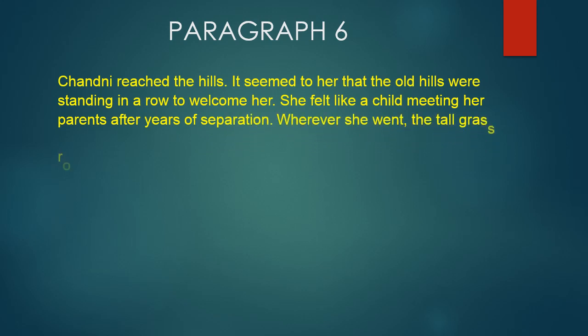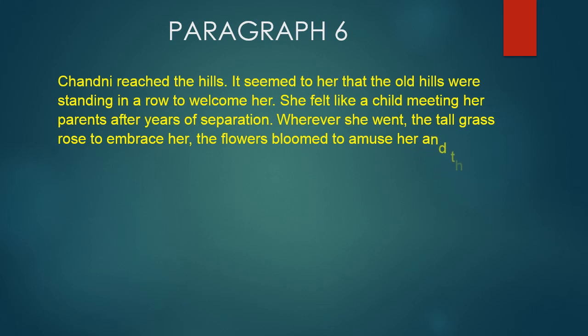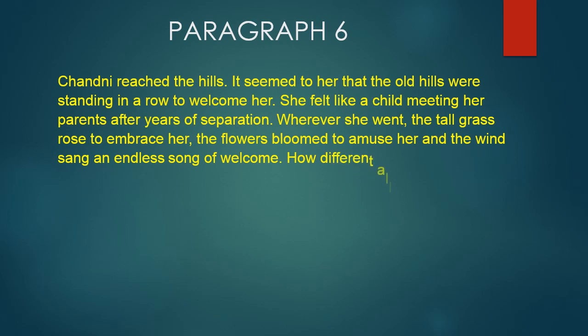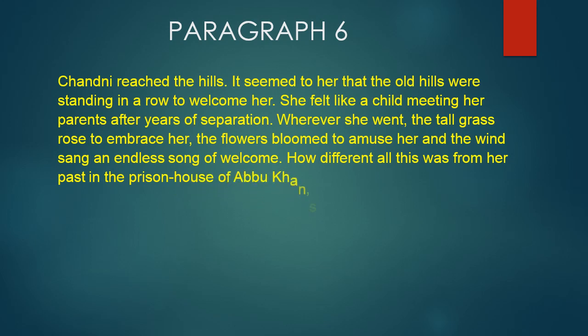Wherever she went, the tall grass rose to embrace her. The flowers bloomed to amuse her, and the wind sang an endless song of welcome. How different all this was from her past in the prison house of Abu Khan's compound.